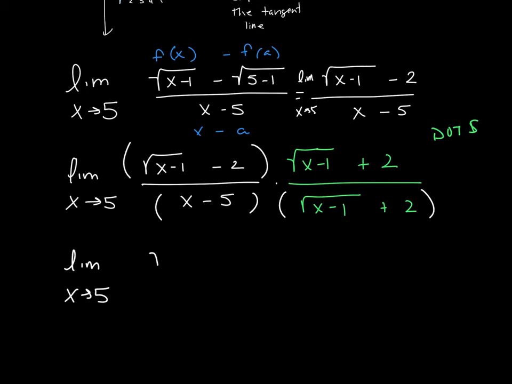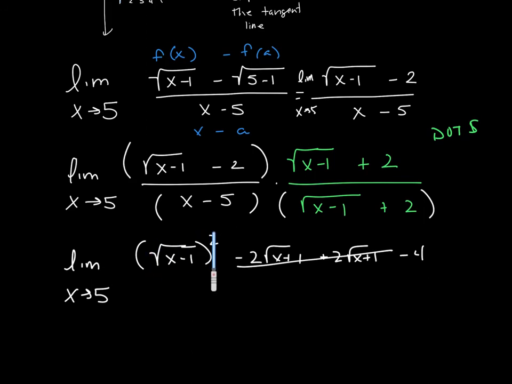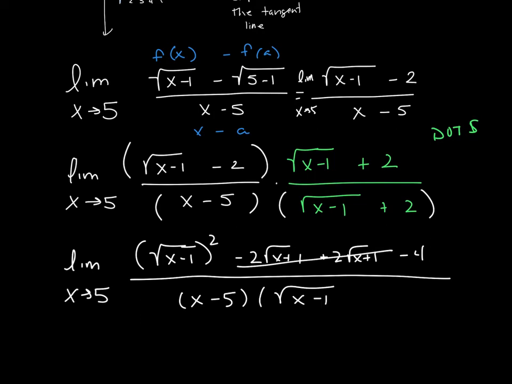What that would leave you with is that would be the square root of x minus 1 quantity squared, and then that's going to be minus 2 times the square root of x minus 1 plus 2 times the square root of x minus 1 minus 4. All of this will go away, and the square root of anything squared is just equal to itself. And in the denominator, I'm just going to keep this as x minus 5 times the square root of x minus 1 plus 2.